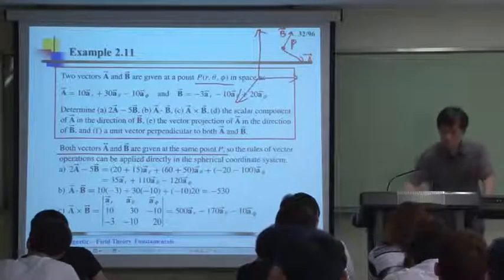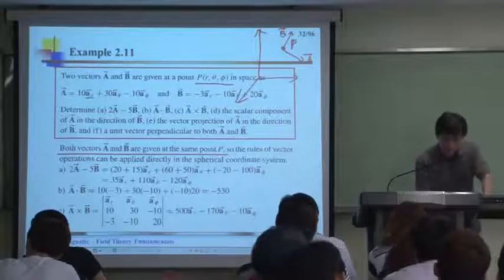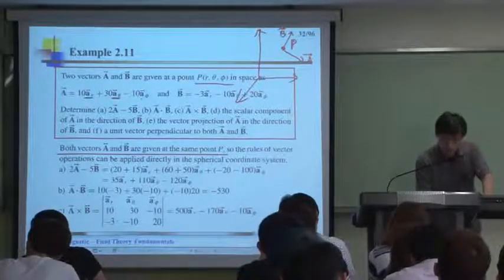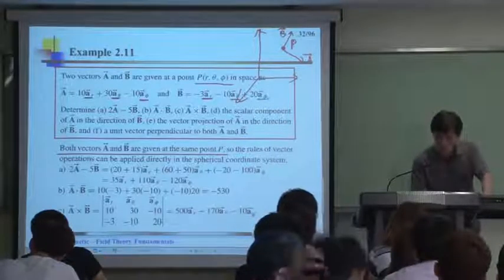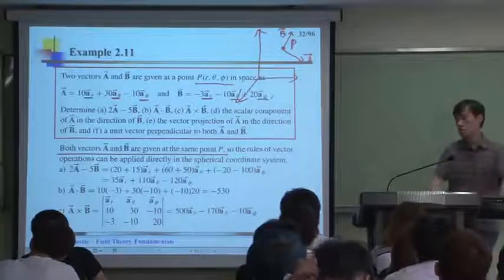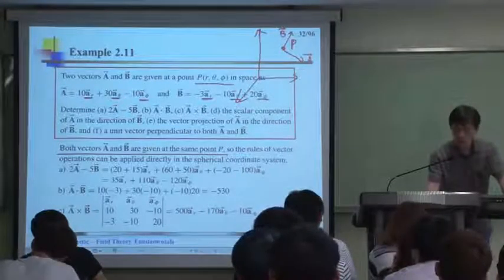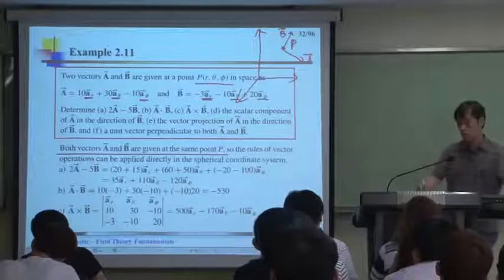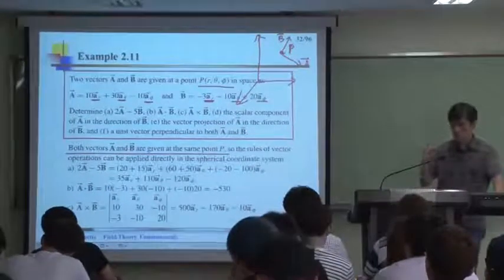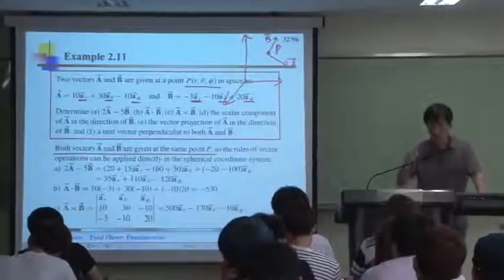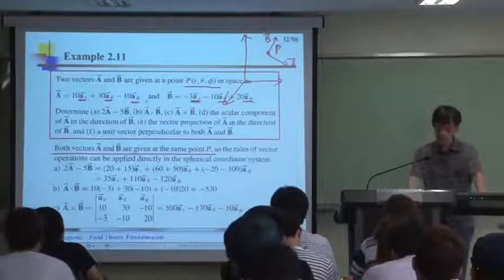So that means this A R, A theta, A phi, and this A R, A theta, A phi, are the same, because these vectors purely depend on the location of the point. As they have the same point, these vectors are also the same.